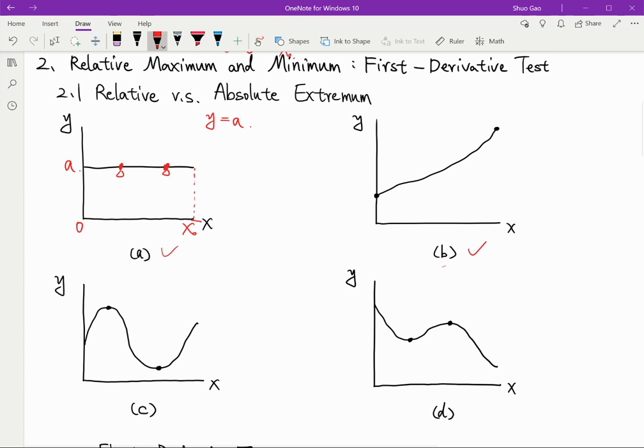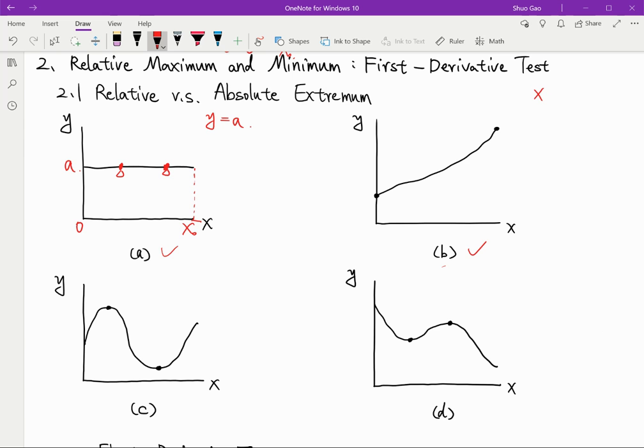For the second function here, we can see that it's a curve actually, but it's strictly upward sloping everywhere. So for this case, we say that y is a strictly increasing function of x.